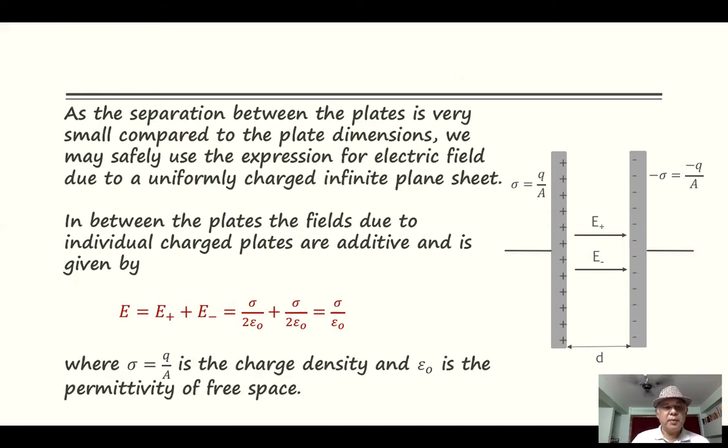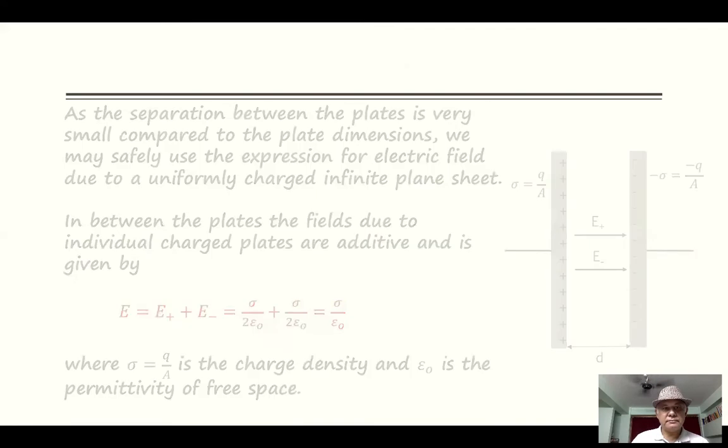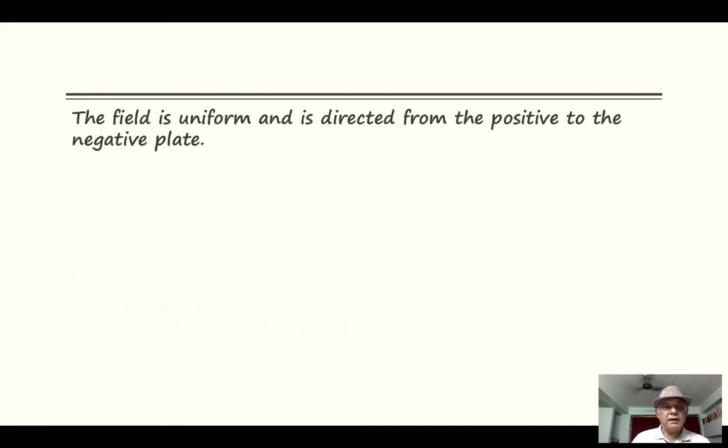Here, sigma equal to Q by A is the charge density and epsilon naught is the permittivity of free space. The field is uniform and is directed from the positive to the negative plate.